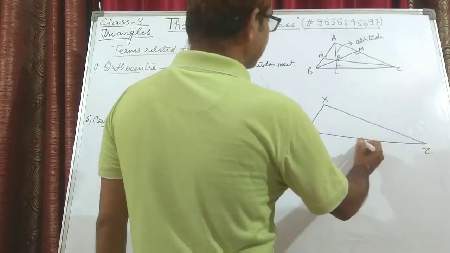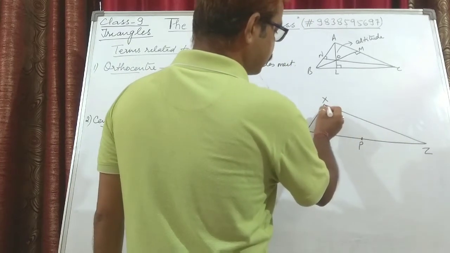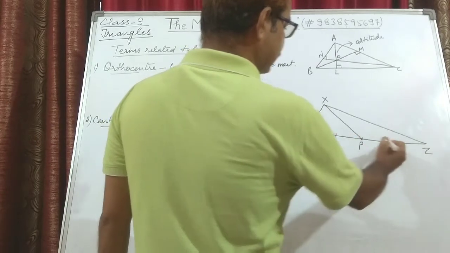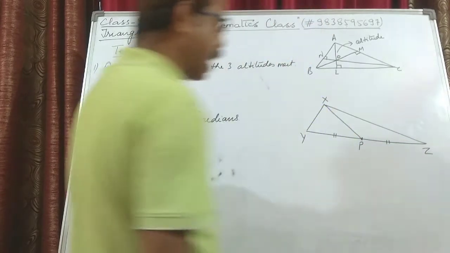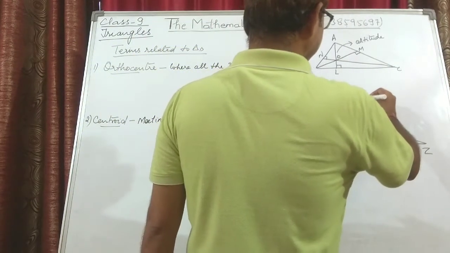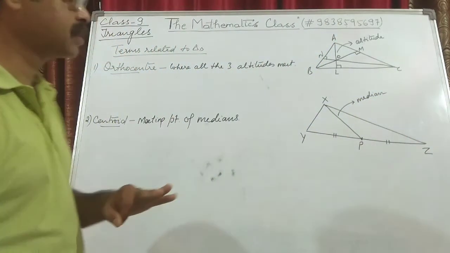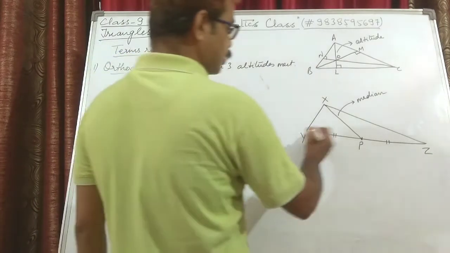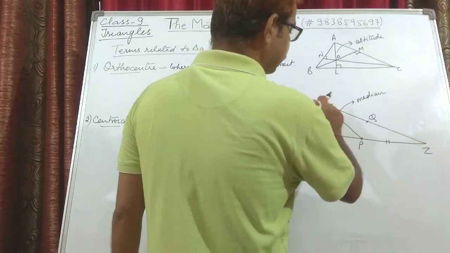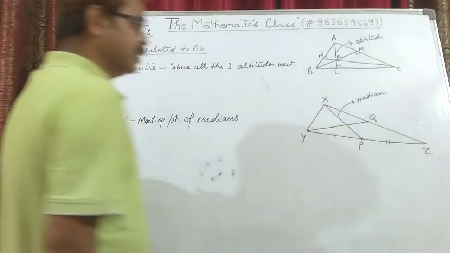Suppose P is the midpoint of YZ. So XP will be the median because XP divides YZ into two equal halves. A triangle has three medians, because from Y also, suppose Q is the midpoint of XZ, so YQ is the median.